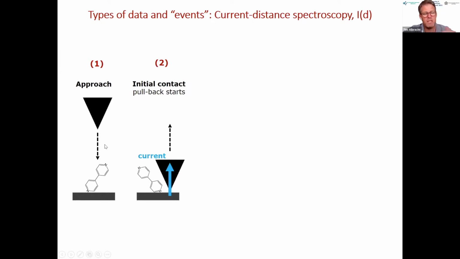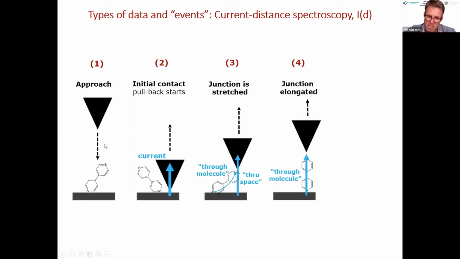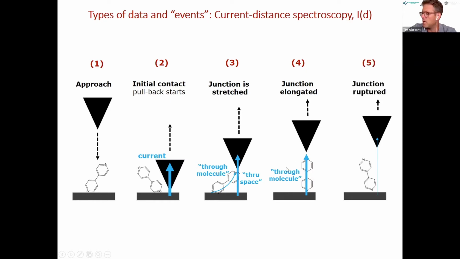At first, typically, we actually crash the tip into the surface to have a point of reference, and then we measure the current as we pull the tip away, and with a certain probability, a molecule on the surface will start to bridge the tip substrate gap until it's first picked up and then stretched. Eventually, it ruptures, right? And this process can be repeated thousands of times.